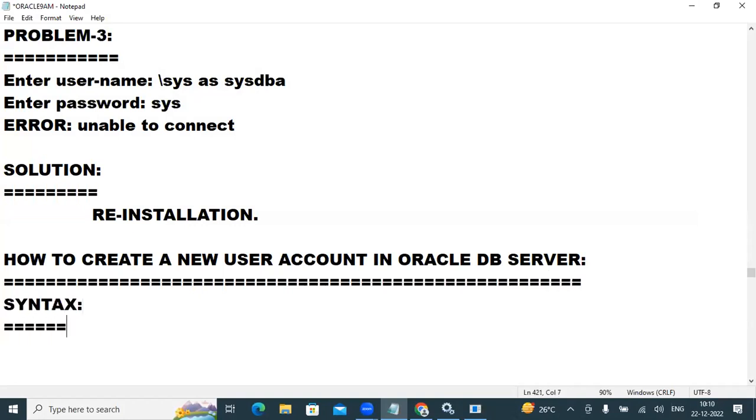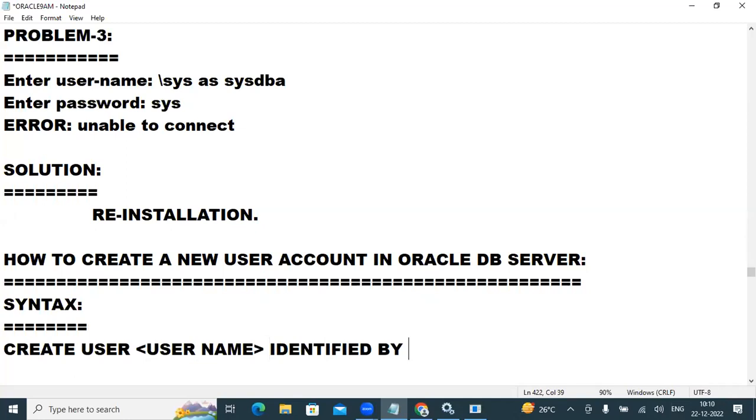The syntax of this: create user username identified by password.